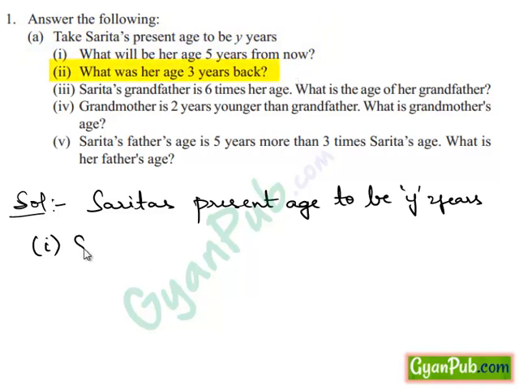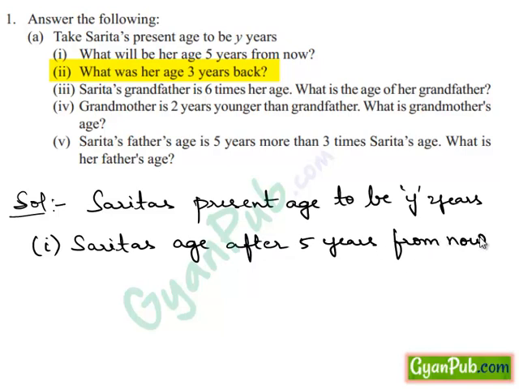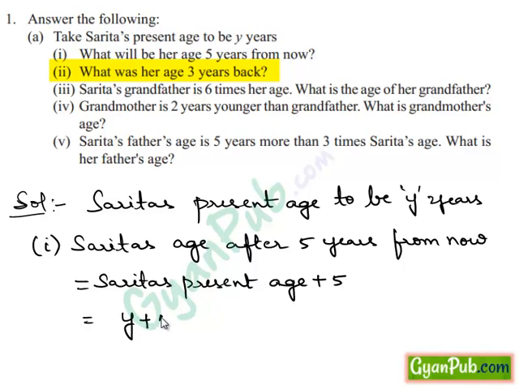Finding Sarita's age after 5 years from now is equal to Sarita's present age plus 5. Since we know that Sarita's present age is y years, Sarita's age after 5 years from now is equal to y plus 5.